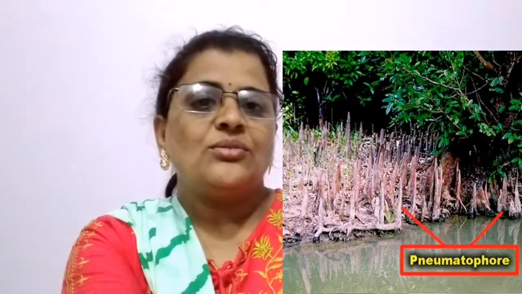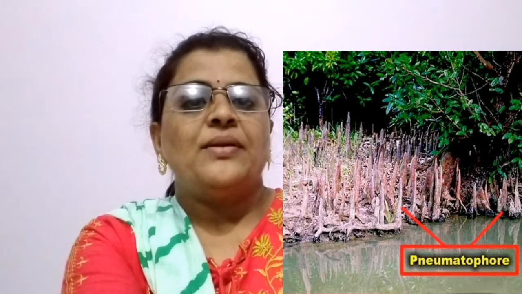These breathing roots you will see in marshy areas where mangroves grow. You will see pneumatophores, which are breathing roots. The next type of root is prop roots. What are prop roots? Roots which grow from the trunk and branches of the banyan tree and grow towards the soil.